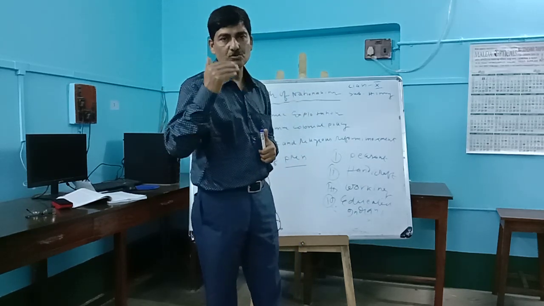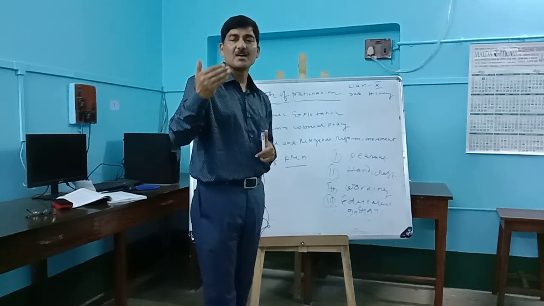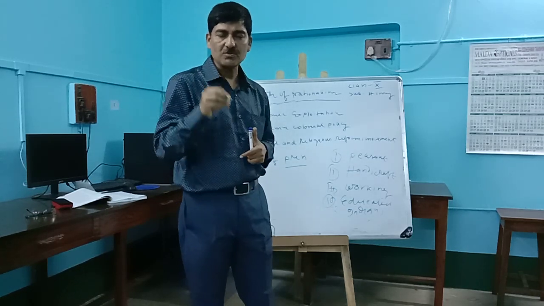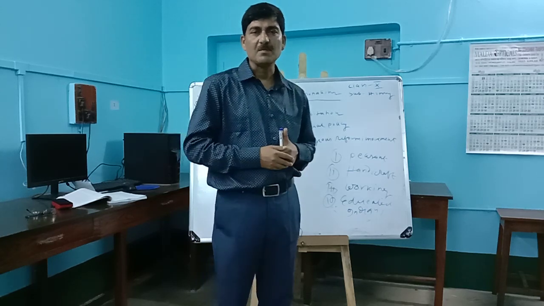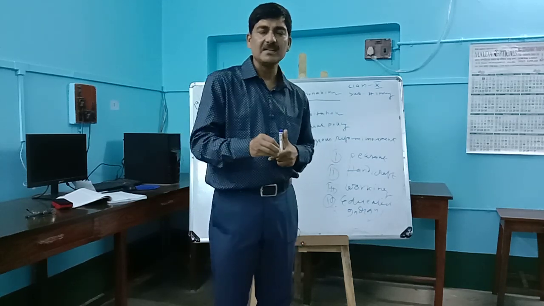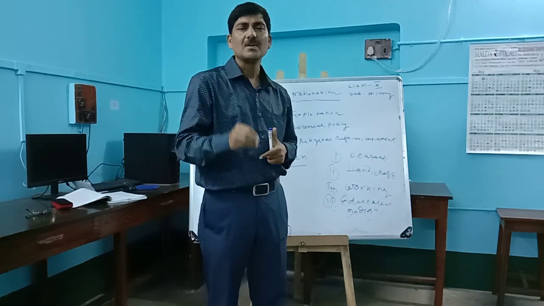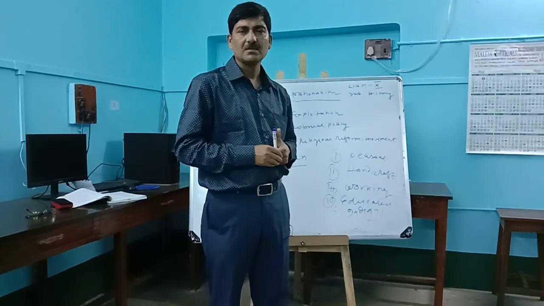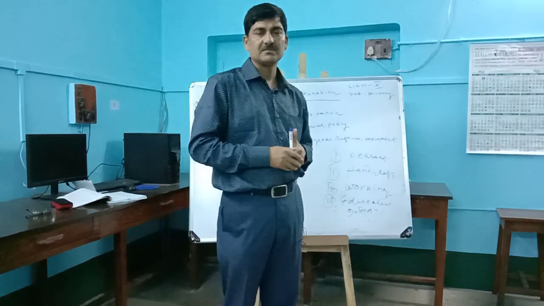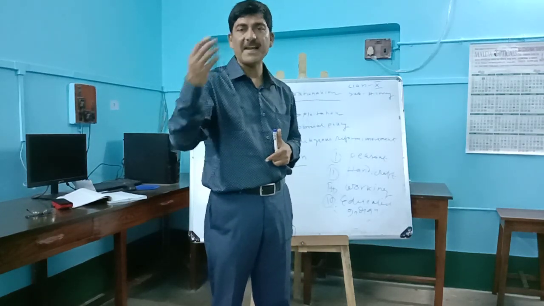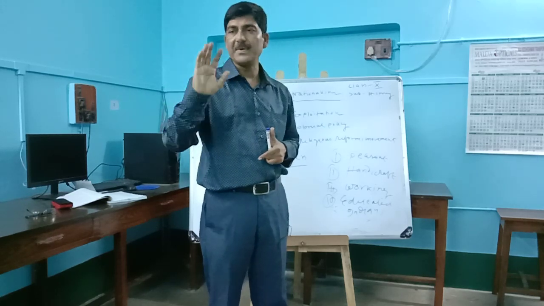So my question to all of you, in what ways were farmers exploited by the British government? Farmers were being exploited by the British government by imposing high land revenue. A huge land revenue was imposed on the farmers. Whether crops grow or fail, it does not matter to the British government.